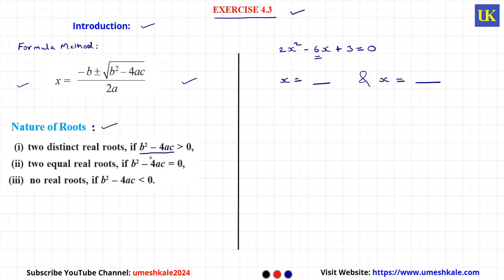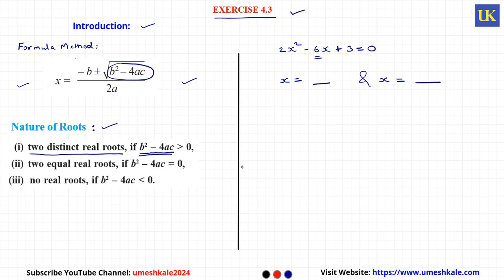So if the value of b square minus 4ac is greater than 0, then we will be seeing two distinct real roots.